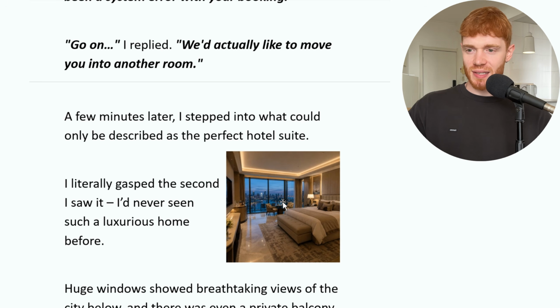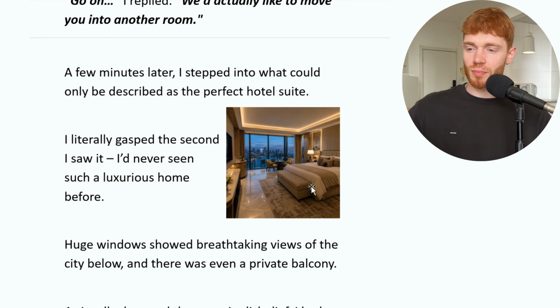A few minutes later, I stepped into what could only be described as the perfect hotel suite. I literally gasped the second I saw it. I'd never seen such a luxurious home before.